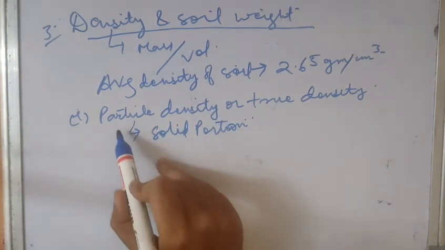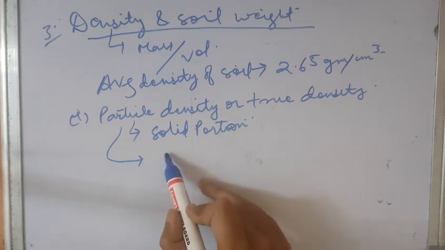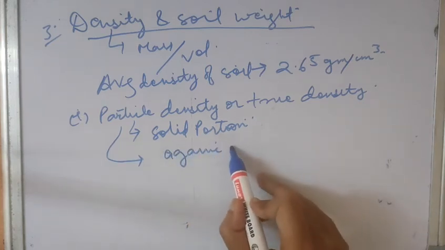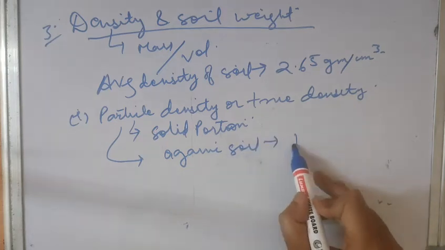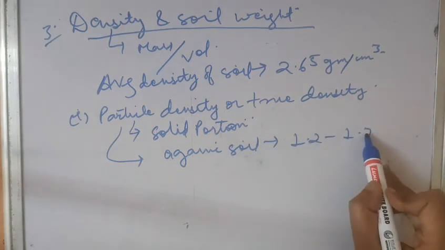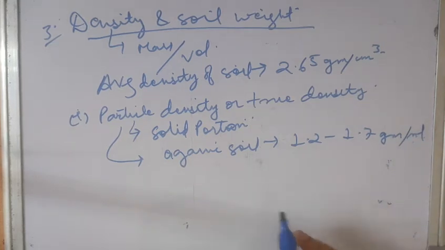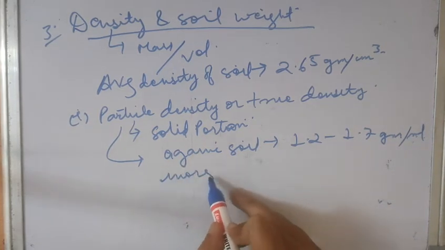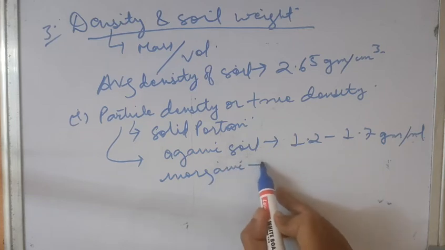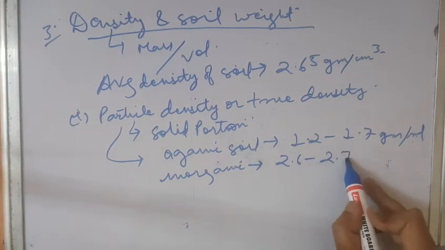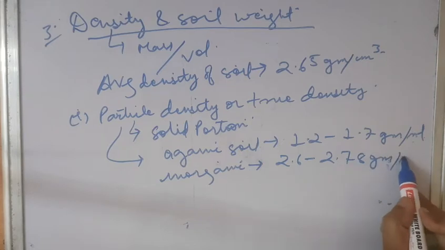So the average particle density of organic soil is 1.2 to 1.7 gram per ml. Of inorganic soil it is 2.6 to 2.78 gram per ml.